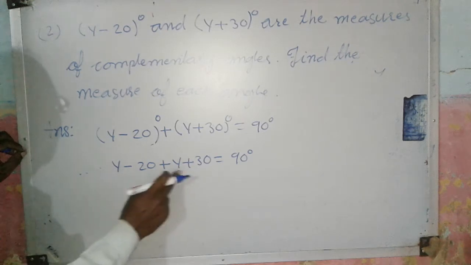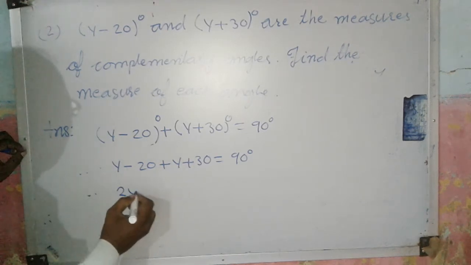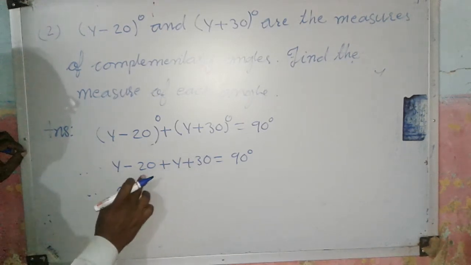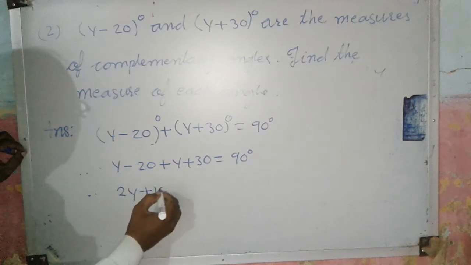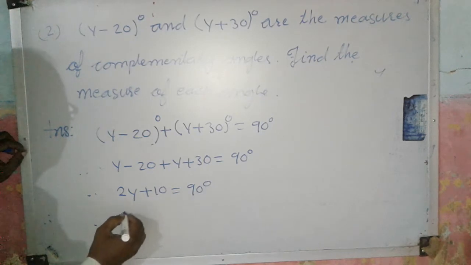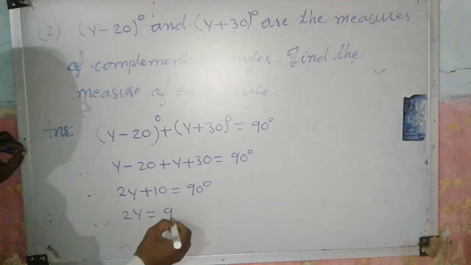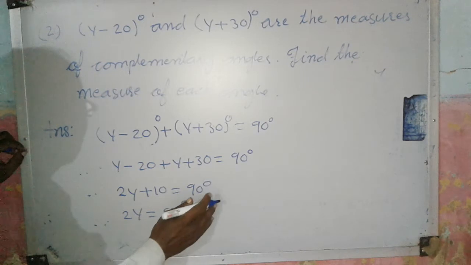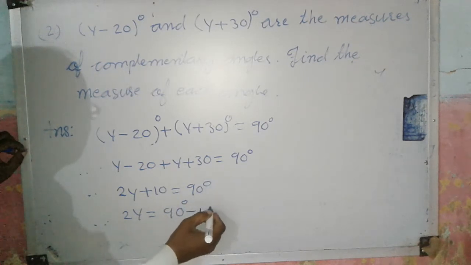Now see here, y plus y is 2y, and 30 minus 20 is 10. And therefore, 2y is equal to 90 degrees minus 10 degrees.